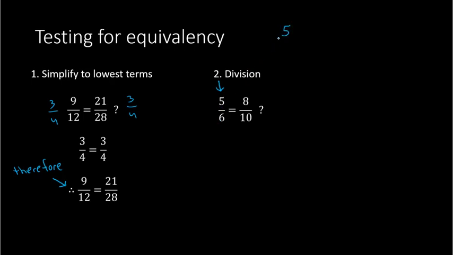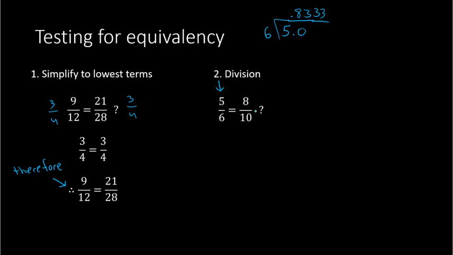We're not going to go through that process necessarily; we're going to assume you know how to do that. But if you do it correctly, you're going to get 0.83 repeating. That one is probably a fraction you should have memorized as well, but if you don't, you can go through the process and get 0.83 repeating.